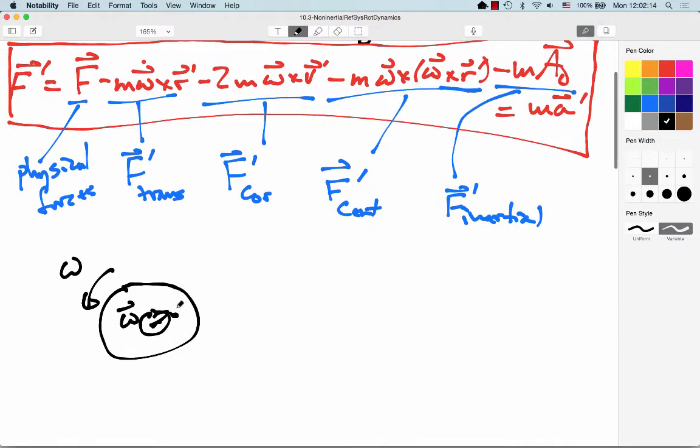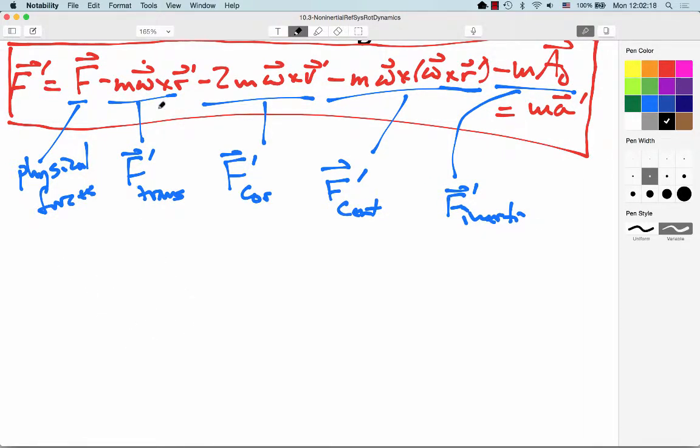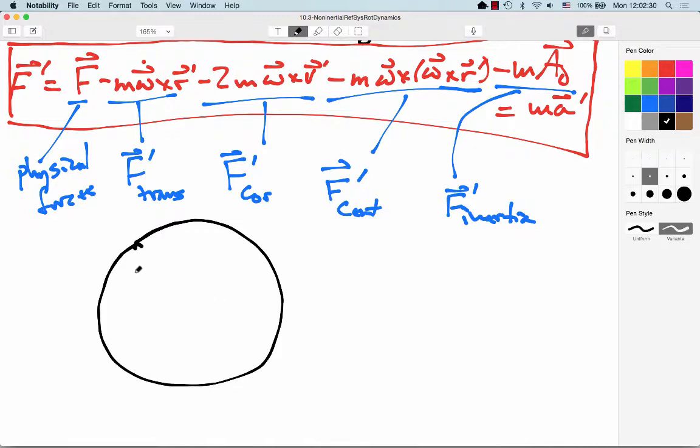Let me totally redraw this. Okay, so let's make a big turntable. Much better. Then we're going to make it rotate like so. So my rotational velocity vector points straight out of the page. Here's my point of interest. So there's my r prime.